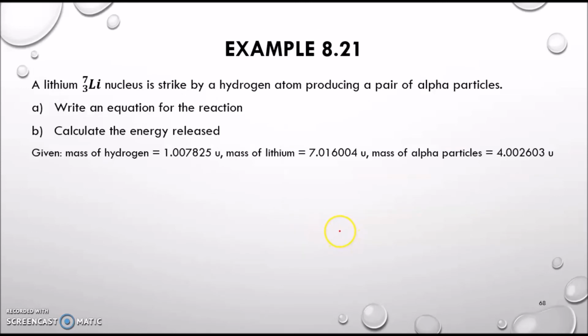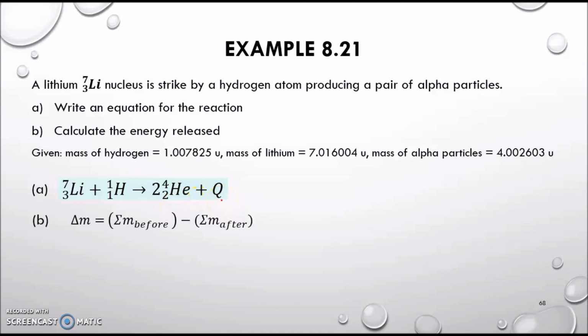Example 8.21. A lithium nucleus is struck by a hydrogen atom, producing a pair of alpha particles. Write the equation and calculate the energy released. For the equation, lithium plus hydrogen atom, and then it will produce a pair of alpha particles. That means there are two alpha particles or two helium that will be produced plus the energy.